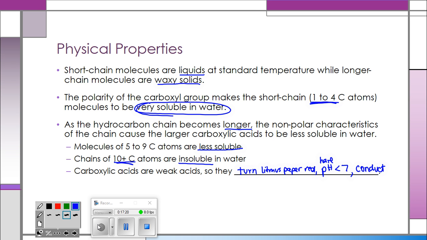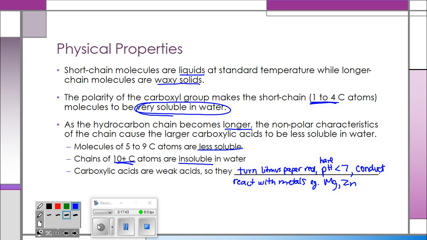No? No one remembers this? So, acids react with metals. Like magnesium, like zinc. The stronger the acid, the more bubbles you see when you put the metal in the acid. But those are all lab observations that you could make about an acid.